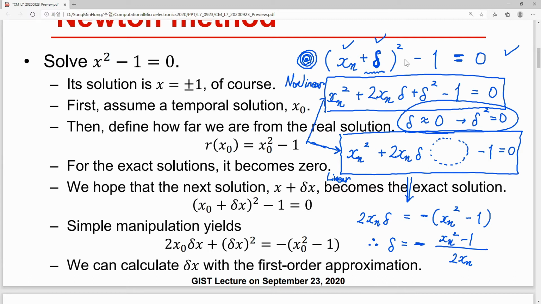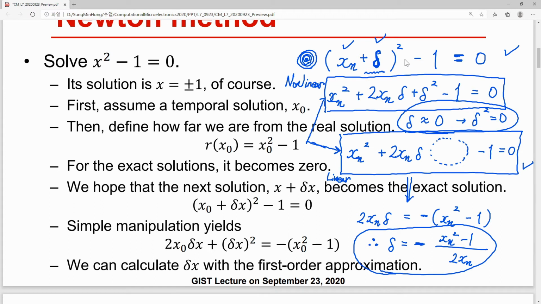After that, during the expansion, we introduce linearization. Then the resultant linear system can be easily solved. The calculated delta cannot be an exact one.